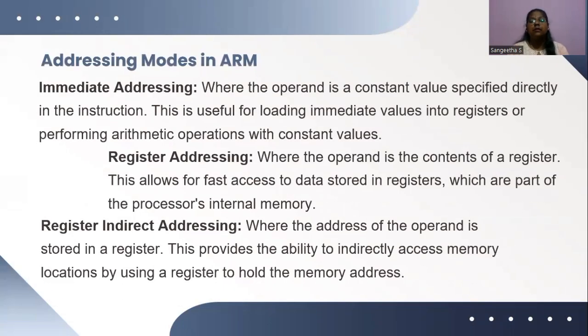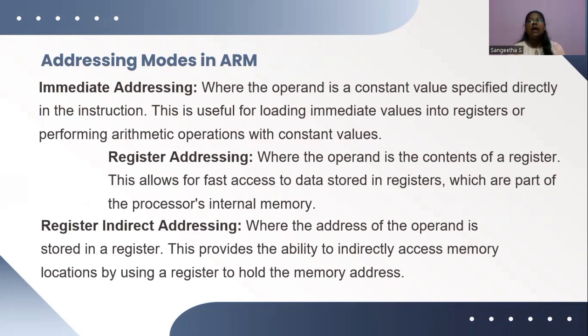Addressing modes in ARM. There are three types of addressing modes in ARM: immediate addressing, register addressing, and register indirect addressing. What is immediate addressing? Where the operand is a constant value specified directly in the instruction. This is useful for loading immediate values into registers.